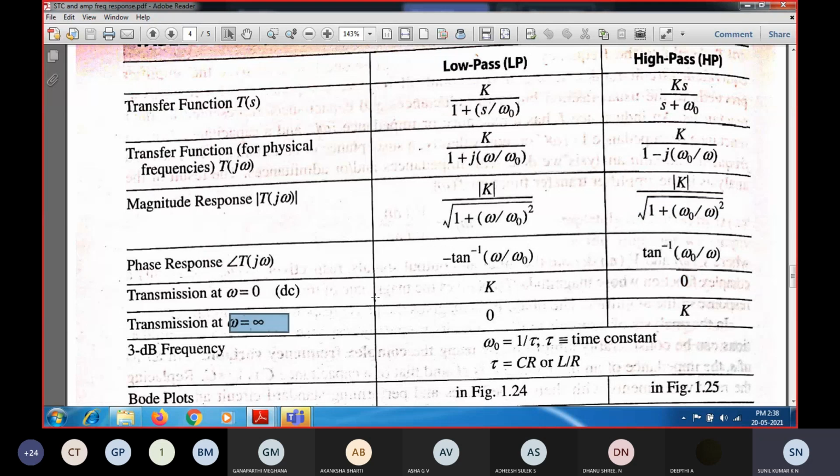And when omega is equal to infinity, anything divided by infinity is nothing but 0. So 1 plus 0, and the square root of 1 is 1. So you'll have the transmission gain of k.